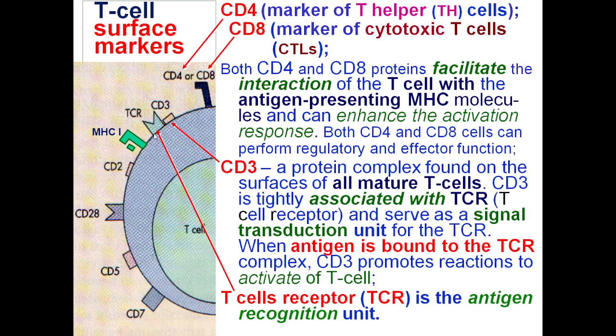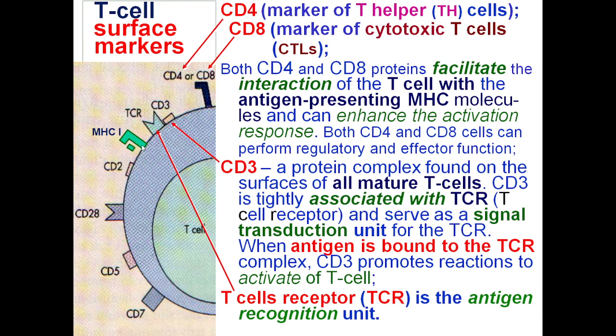So, the T cell receptor recognizes foreign microbial or viral antigen, and the CD3 receptor is the receptor that is activated after recognition of the antigen by the T cell receptor. Here you see the green MHC1 protein.